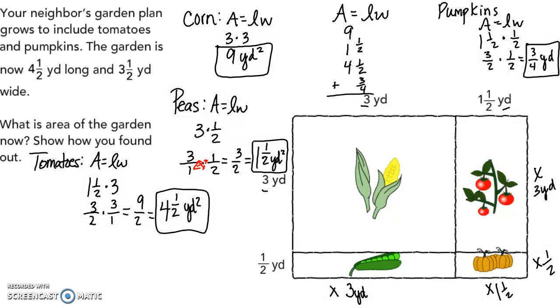Well, 2 halves make a whole. So that's 9, 10, 11, 12, 13, 14, 15, and you have 3/4 left over. So 15 and 3/4 yards squared would be the total area of your whole entire garden. So you need to make sure that you have this worked out on that page in your workbook.